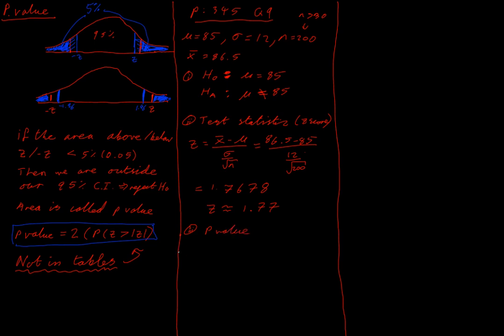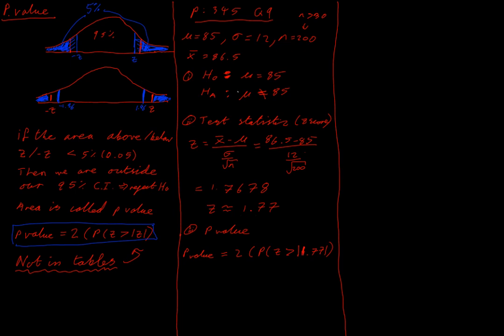For a p-value, we are going to write down our formula. So 2 times probability of z being greater than the absolute value of the z-score that we got, 1.77. The reason for the absolute value is so that we don't get thrown if this is a minus.